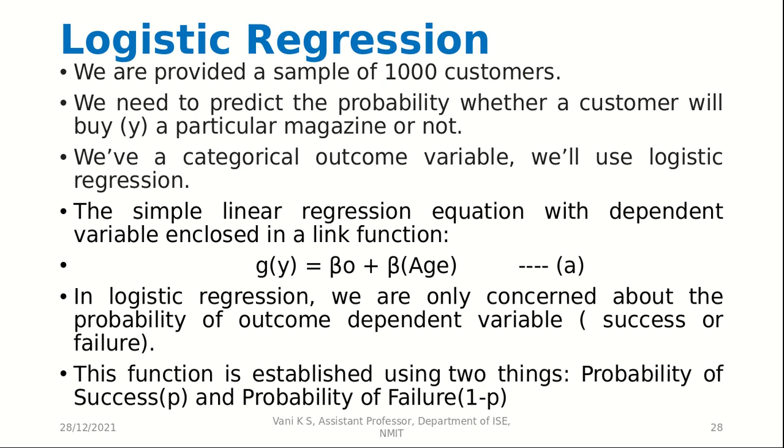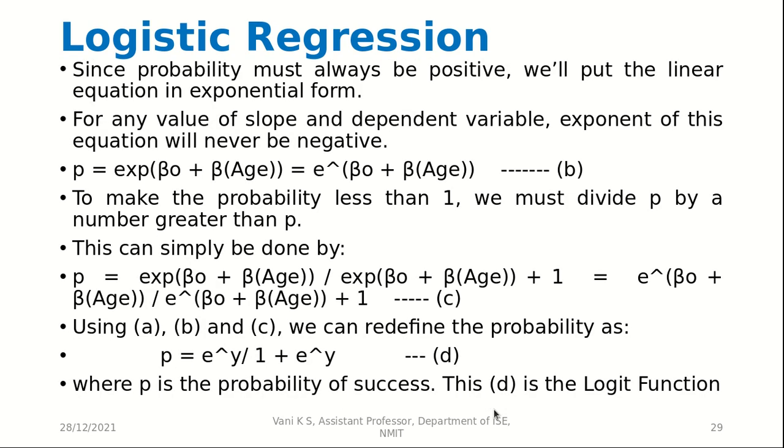Now in logistic regression, we are only concerned about the probability of the outcome dependent variable, success or failure. This function is established using two things, the probability of success and the probability of failure, so p and 1 minus p. Then since the probability must always be positive, we will put the linear equation in exponential form, because when we put the linear equation in exponential form, we will get a positive output. For any value of slope, the exponent can never be negative.